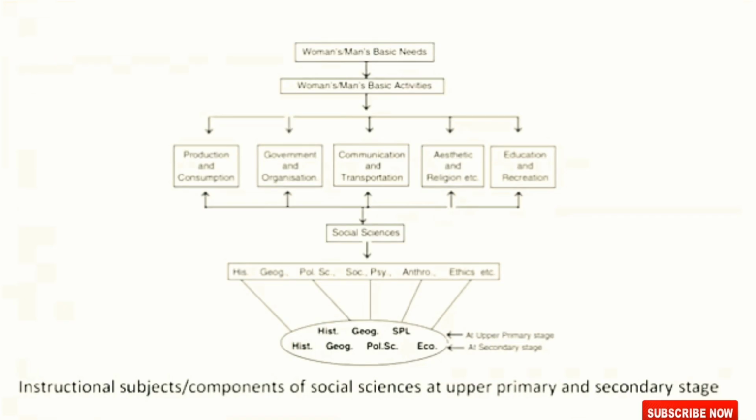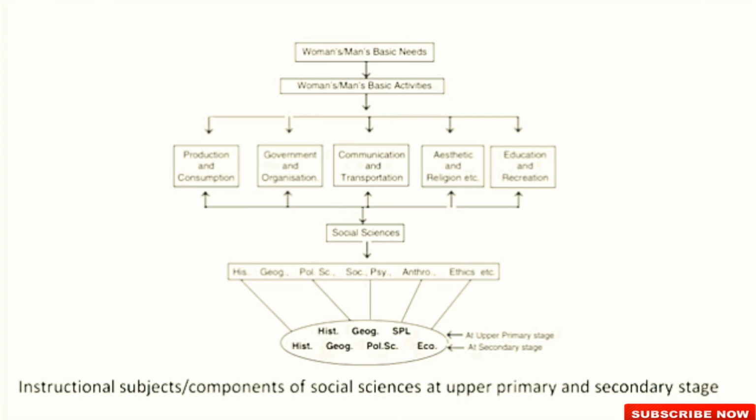Thus, the nature of social science is explained as an independent subject and as a unified subject. As an independent subject, social science includes all kinds of human beings, society and their surroundings, and as a unified subject, it is all about mankind's history, geography, political science, anthropology and education. Here we can refer to the picture for more understanding: women and men's basic activities, which include production and consumption, secondly government and organization, thirdly communication and transportation, then aesthetics and religion, lastly education and recreation.